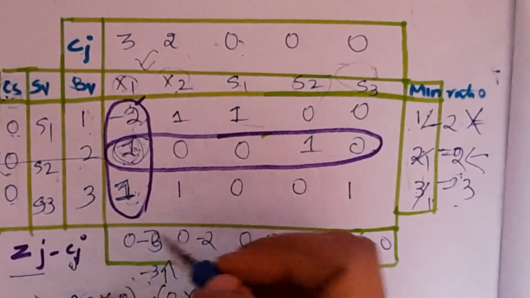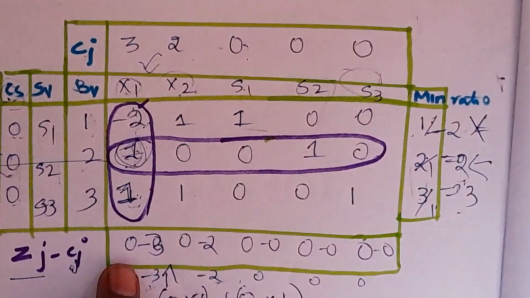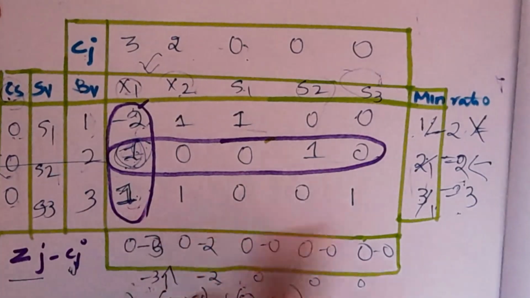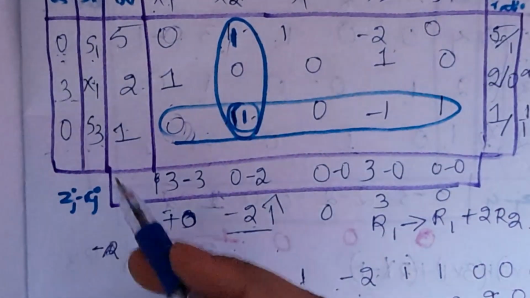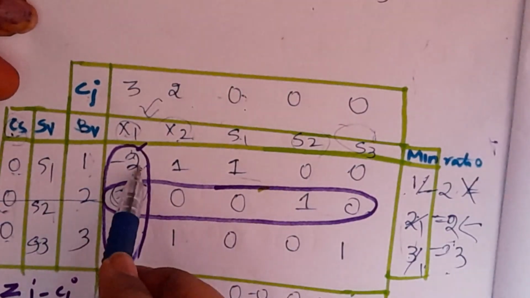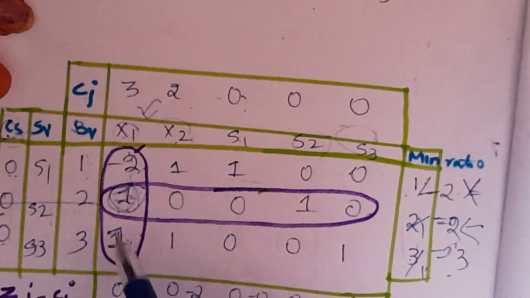After getting the pivot element, we have to make sure that the pivot element's upper and lower elements are zeros.